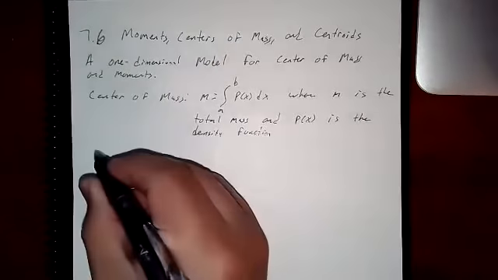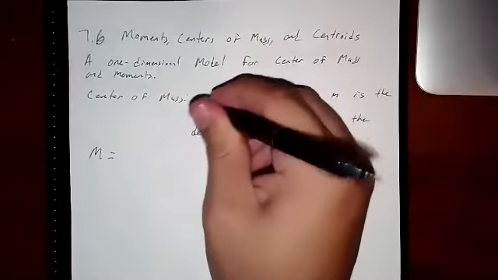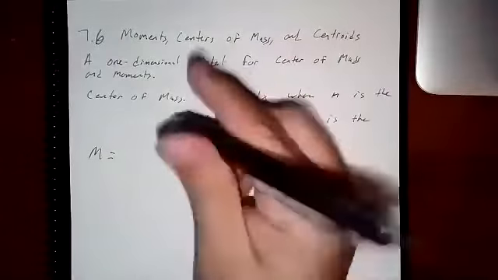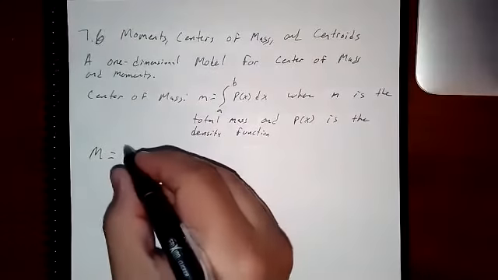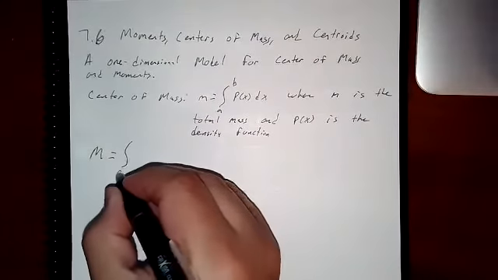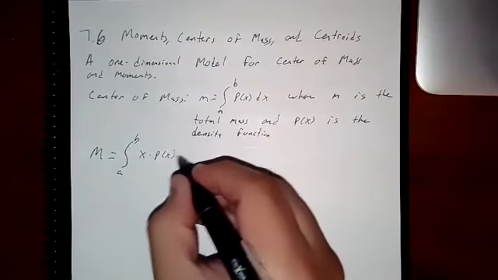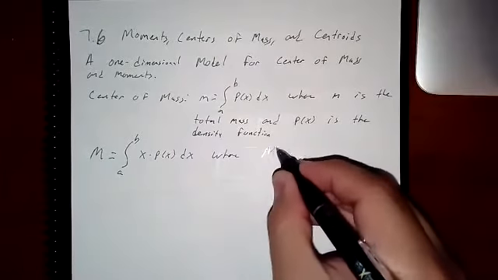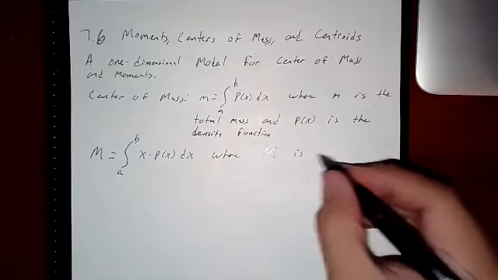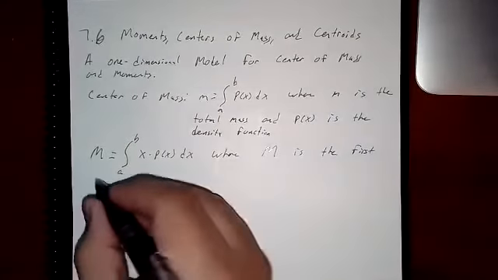Capital M is equal to the integral from a to b of x times p of x dx, where capital M is the first moment.